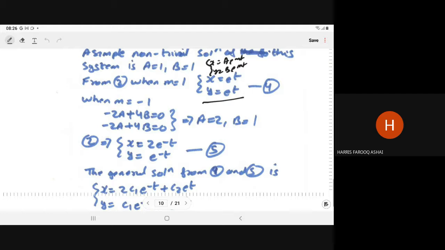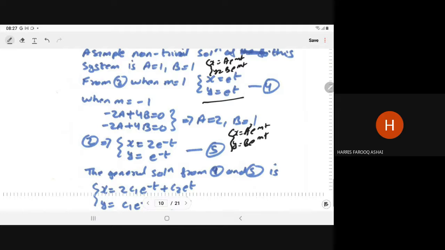We have infinitely many solutions and you have to take only one. In general, try to put one of a or b as 1, and whatever the other value is, you write directly. So b = 1, then a = 2. So what solution do we have? x = a e^(mt) and y = b e^(mt).